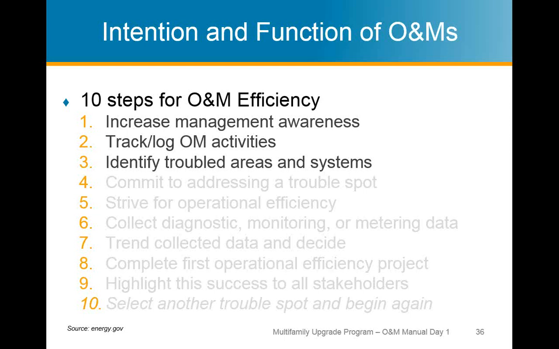Well, the things that we haven't reacted to yet in terms of maintenance usually fall under the deferred maintenance category, which is like, oh no, we've been putting this off for as long as we can because we don't have the money for it. So deferred maintenance, other things you may have identified during your tracking and logging, you make a list of it and then commit to addressing a trouble spot.